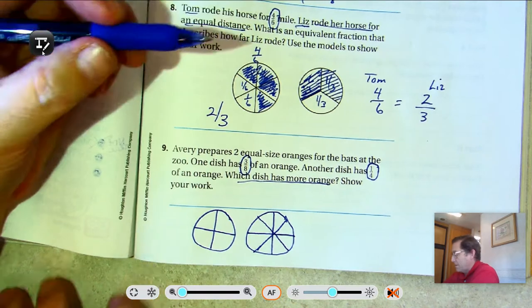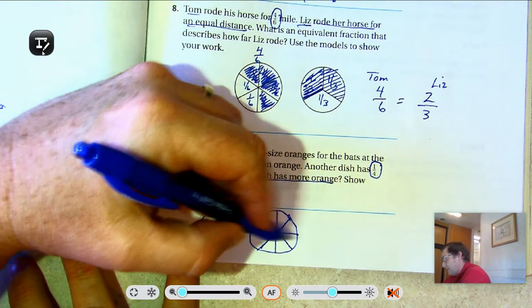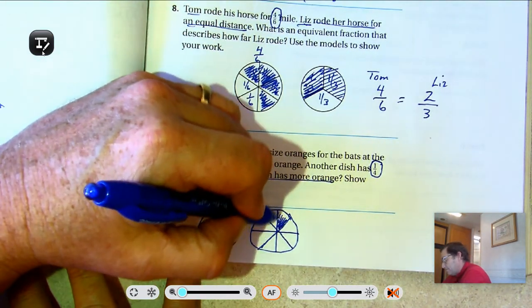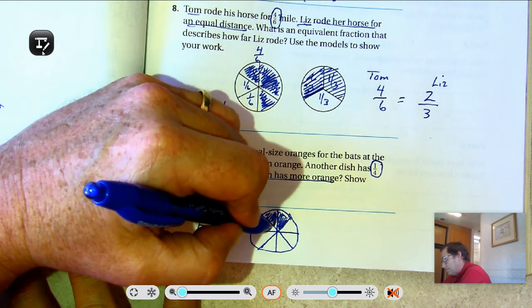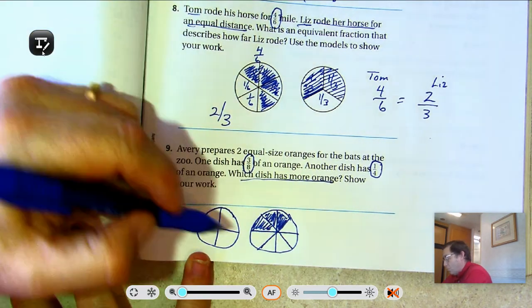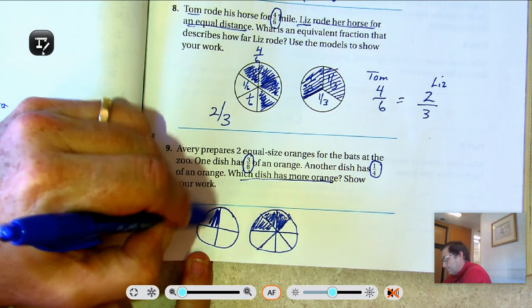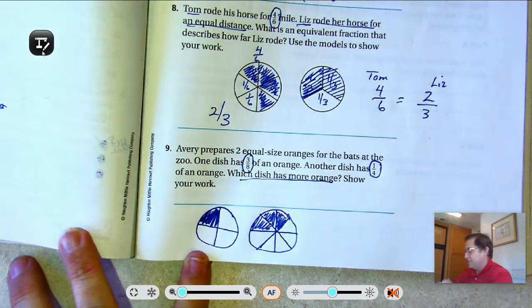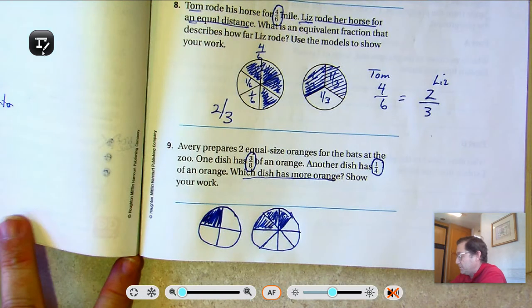All right, so shade 3/8 of the one and shade 1/4 of the other. Which dish has more orange?